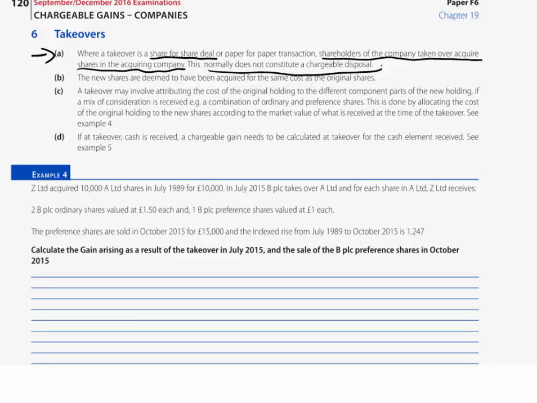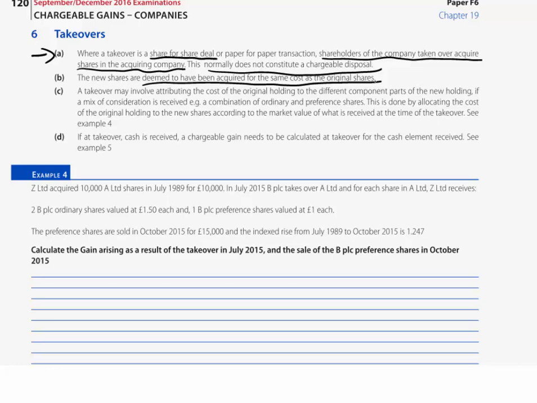It is not likely that that is going to happen in relation to corporate tax. It's very much more possible when dealing with CGT for individuals. So, the new shares are deemed to have been acquired for the same cost as the original shares. Same cost, and indeed the same index cost.